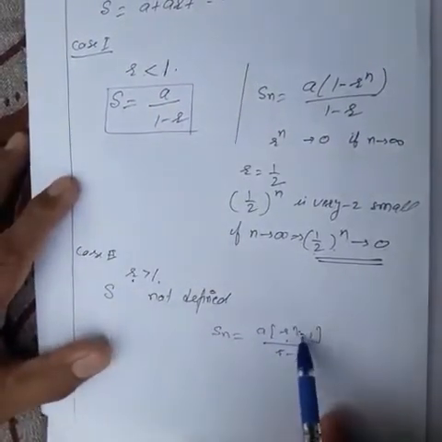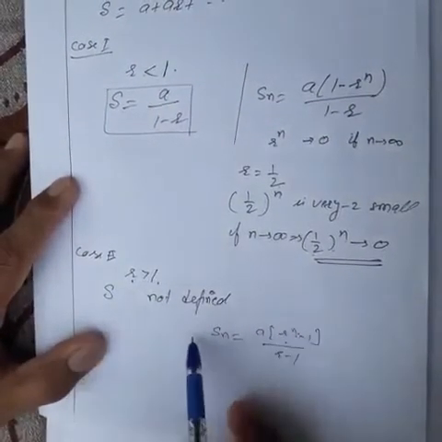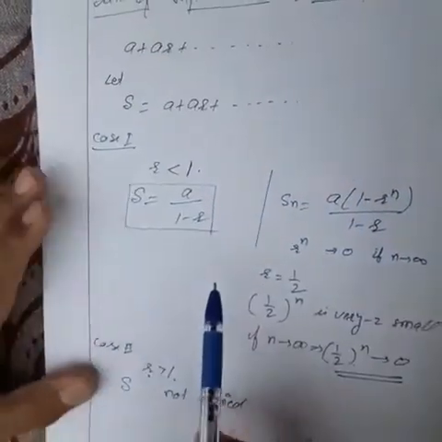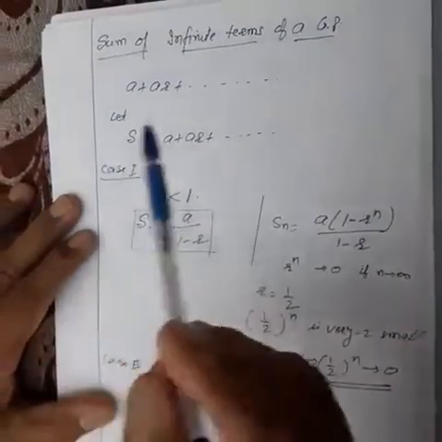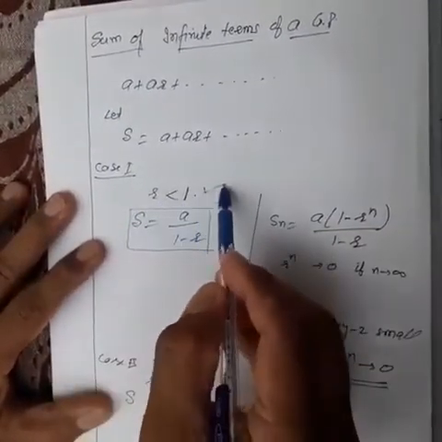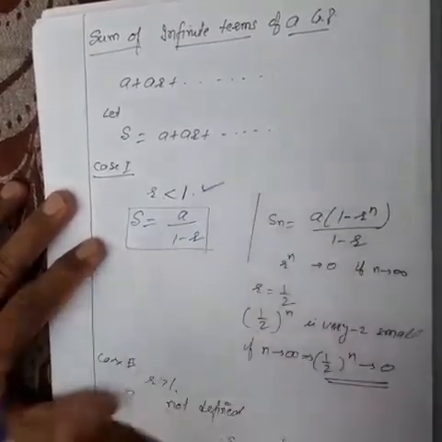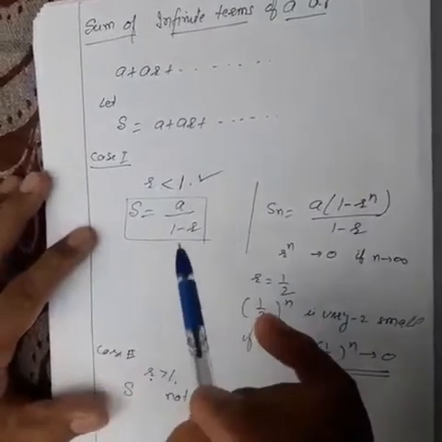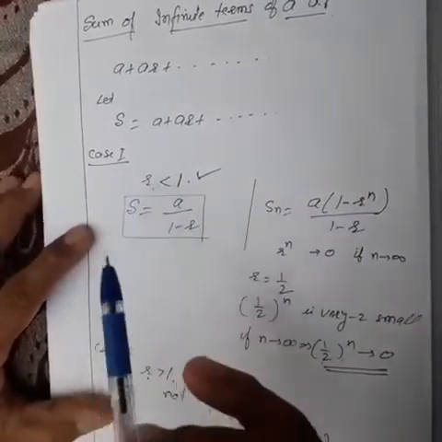If n is infinity, then this term will also be infinity. So this sum will not be defined. It means that for the sum of infinite terms in a GP, we always need r less than 1 only. For r greater than 1, the sum of infinite terms is not defined. So r will always be less than 1.